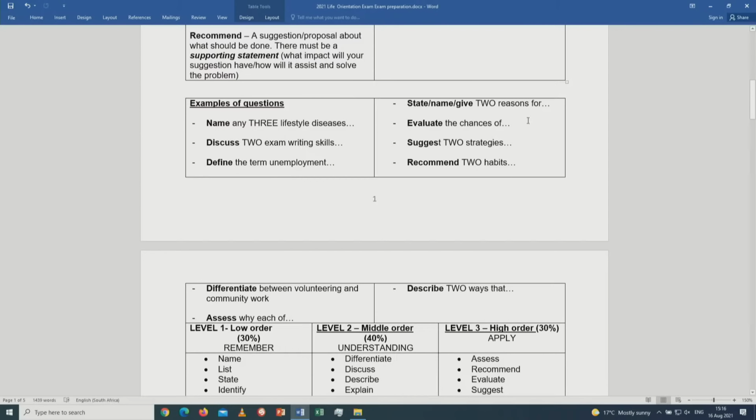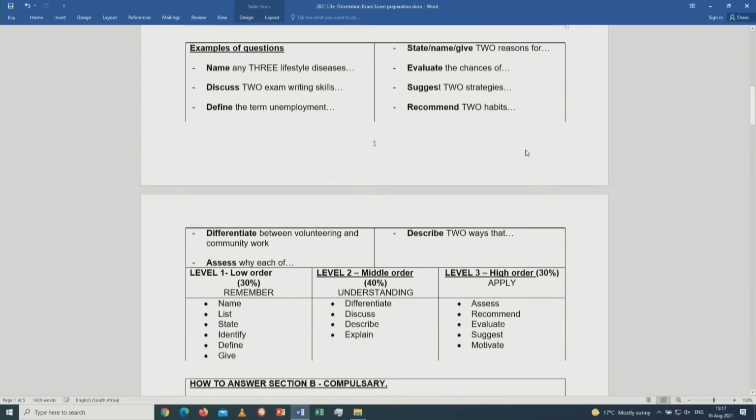There is a bit of knowledge, but we are assessing how you are applying that knowledge in real life situations. Hence, there cannot be a definite question that will say this one will definitely be asked or stands a better chance of being asked. No, which is why we are having this exercise now of assisting you in how to approach a life orientation question paper.